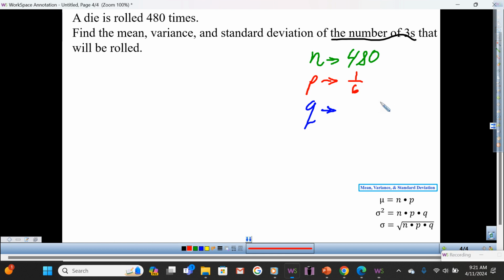You can leave it as a fraction, yes? So if this is a success rate, tell your neighbor what Q is. Everyone, 5/6. All right. Therefore, find me mu, variance, and standard deviation.